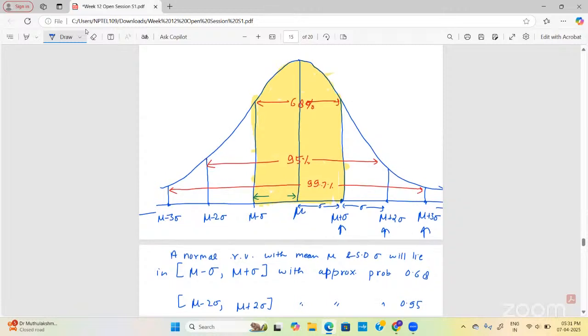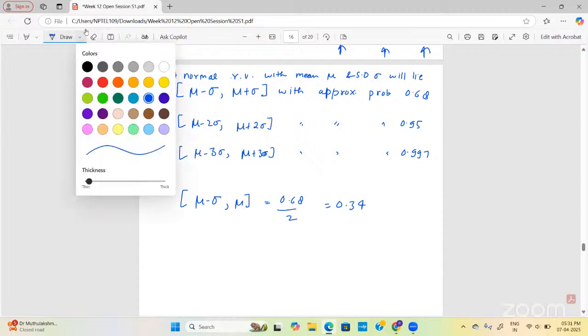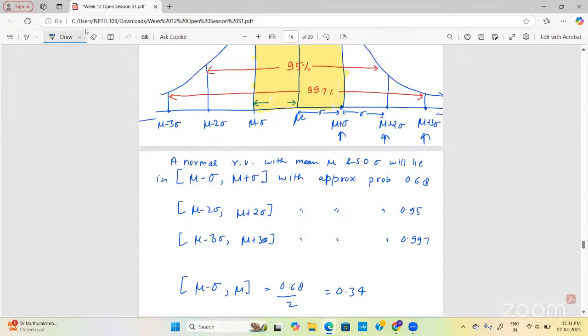So this should be 0.68 divided by 2, which is 0.34. Now I can write that this is 0.34, and this will also be 0.34, because these are symmetric to each other.